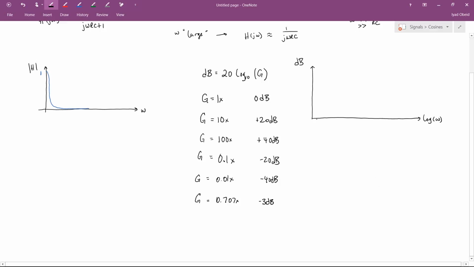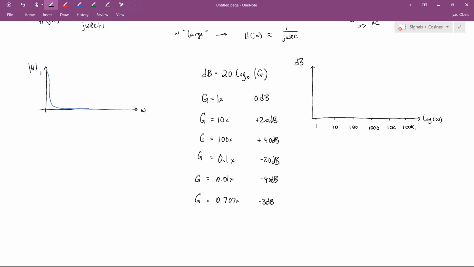So let's say this is 1 rad per second, 10 rad per second, 100 rad per second, 1,000, and I don't know, 10K, 100K. So that's what happens when you get a log plot. When you have a log plot, things that are a factor of 10 apart are evenly spaced.